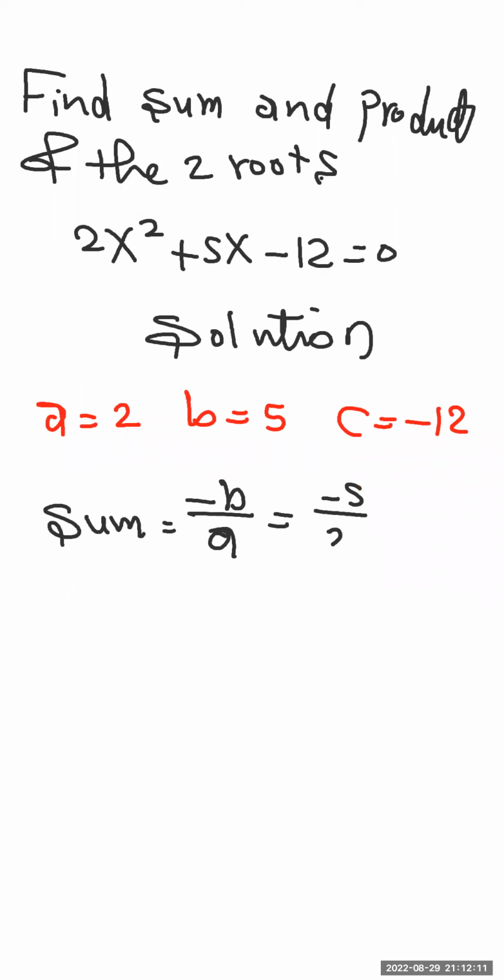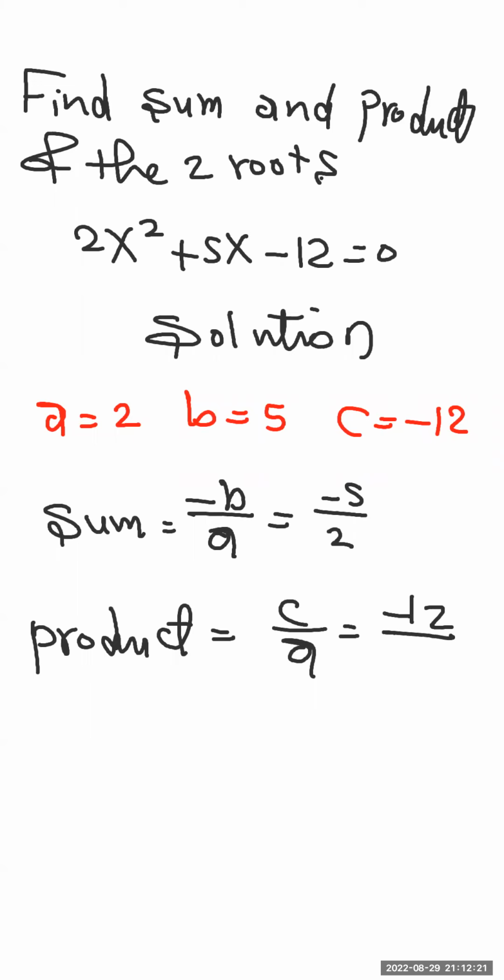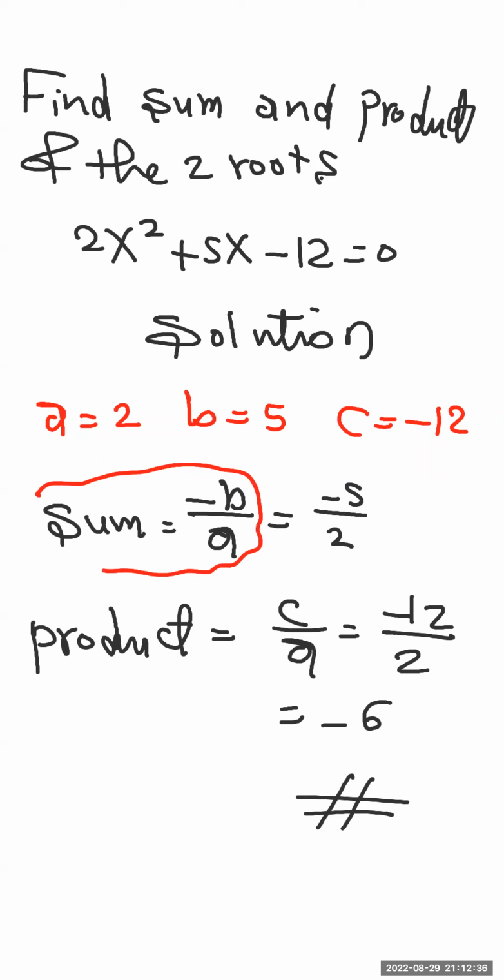The product, we just said that the rule is c over a, so negative 12 over 2, which means negative 6. Finished. I think it's very easy. Direct substitution in the two rules, correct? So the first rule is this one, sum equals negative b over a. The second one, product equals c over a. Okay, guys?